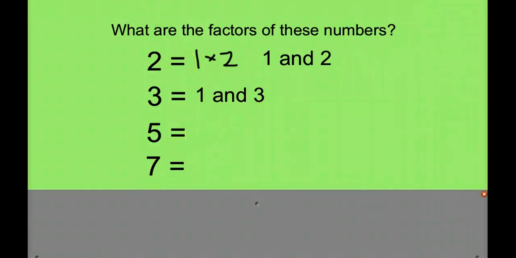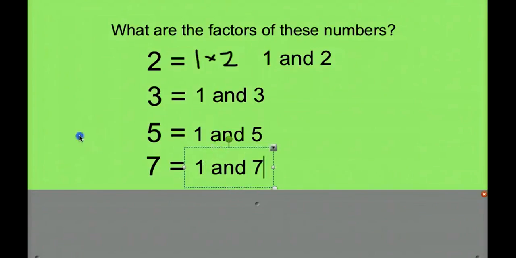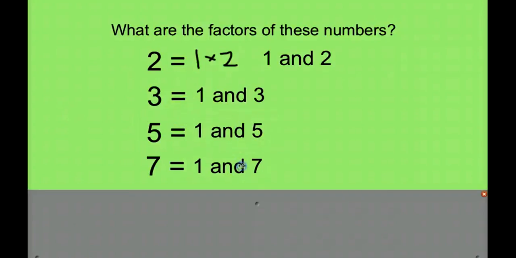So again, 5 only has 2 factors, 1 and 5. Same thing with 7. 7 only has 2 factors, 1 and 7. Those are the only 2 numbers that I can multiply together to get 5 and to get 7.